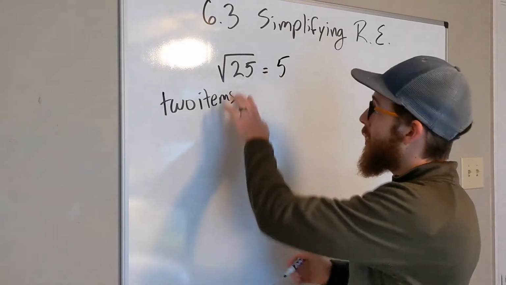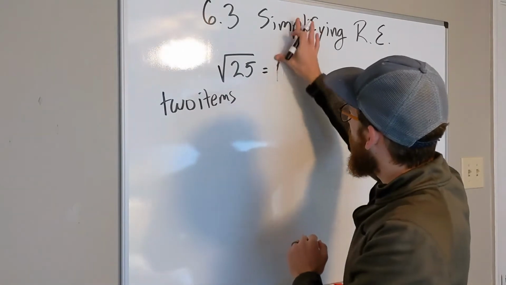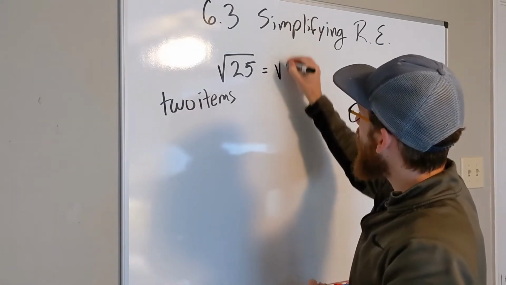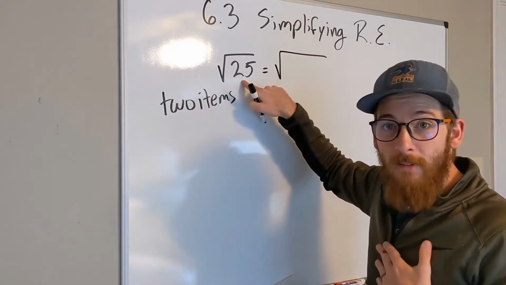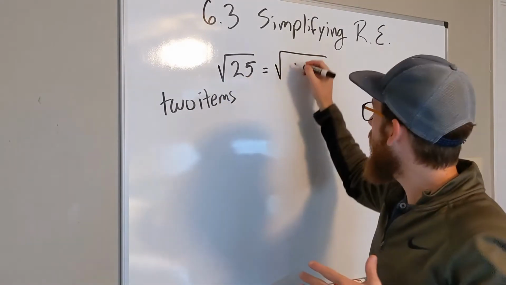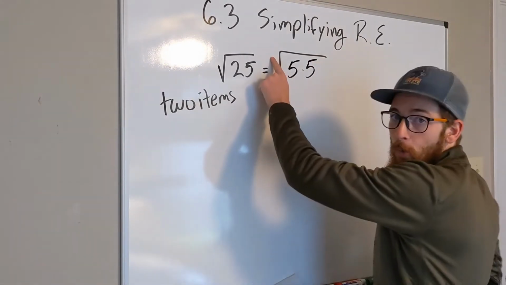It's 5 because what I am essentially doing here is I'm saying the square root of the number 25 times what is 25? So I have 5 times 5, right? Now, this is a square root.